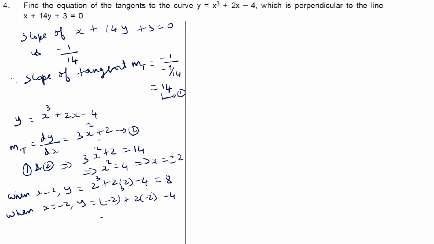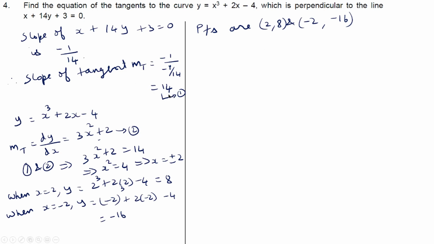So this is equal to minus 8 minus 16. So we have the points as 2, 8 and minus 2, minus 16. So these are the 2 points and the slope is 14.